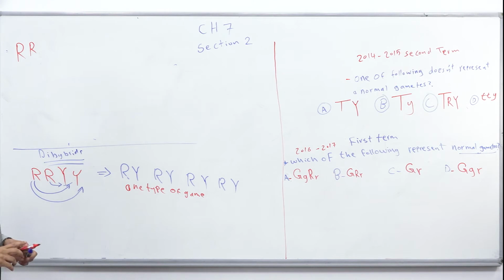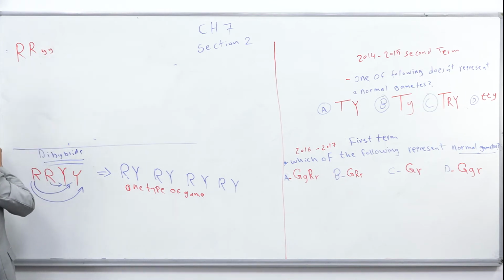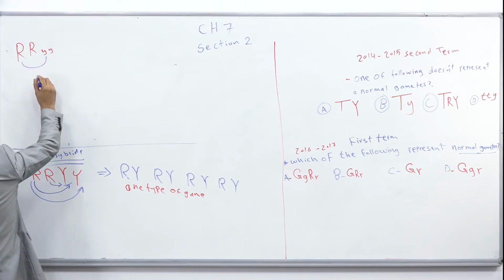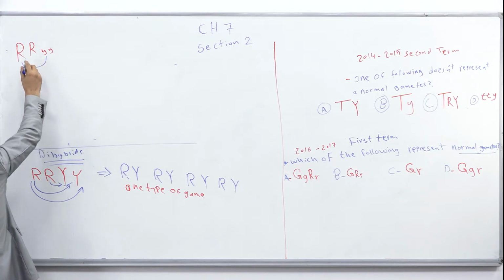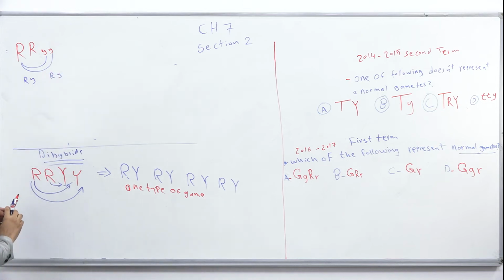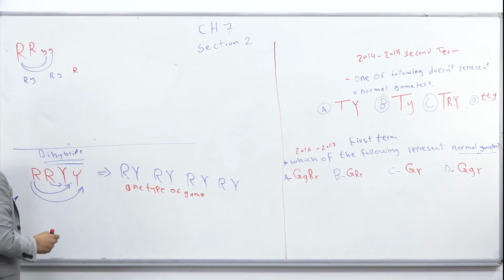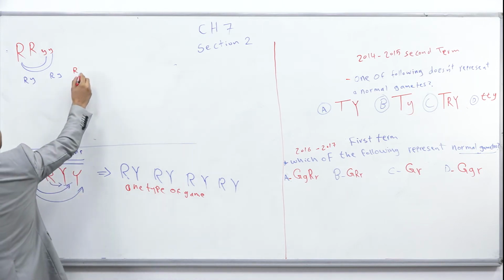Already 4 gametes, but how many types? We will look at this one: R capital with R small, R capital with R small, R capital with R small.